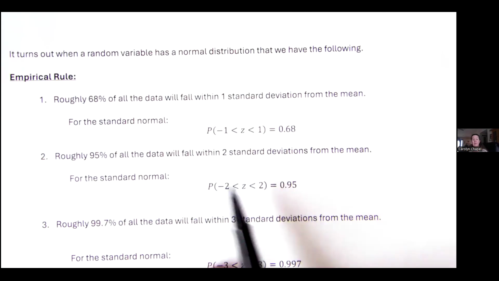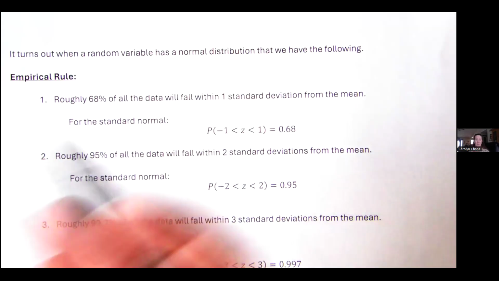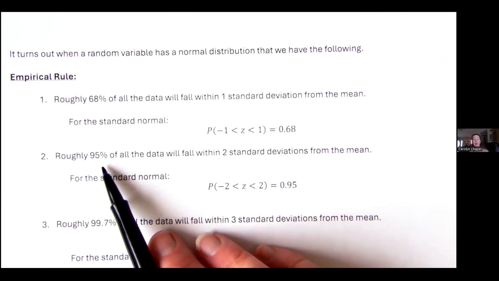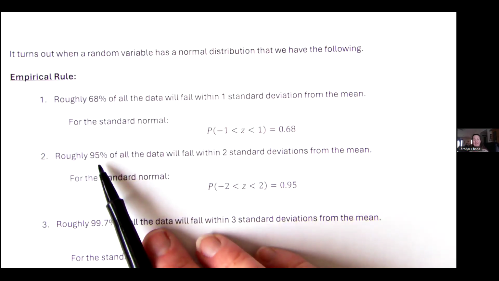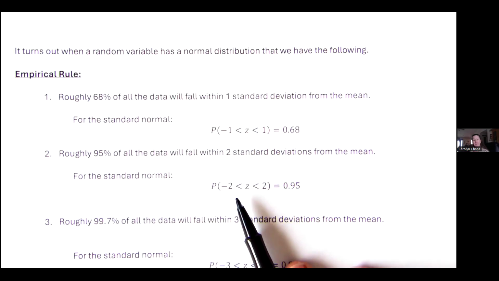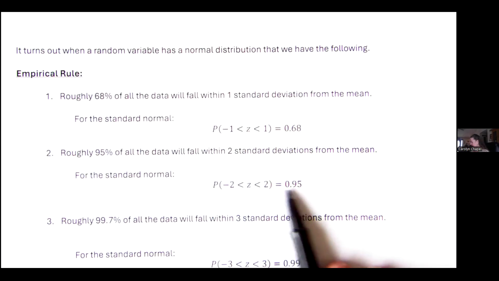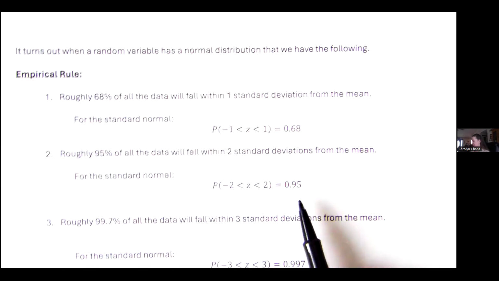If we continue this and we go between 2 standard deviations from our mean, so we go 2 below and 2 above, we're going to pick up a total of 95% of our data. So in terms of a probability statement and the standard normal, -2 < Z < 2 is 0.95 or 95%.